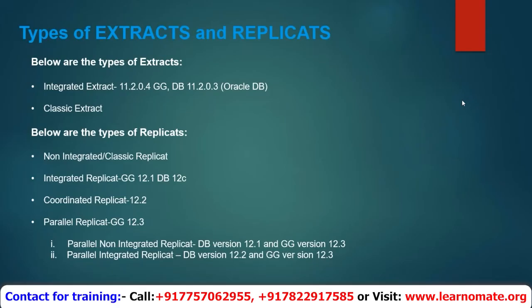Classic extract establishes the connection directly with the database, reads the transaction logs in a sequential manner and then captures the data. For using integrated extract, your minimum GoldenGate version should be 11.2.0.4. If you are using a GoldenGate version prior to 11.2.0.4, you cannot use integrated extract.